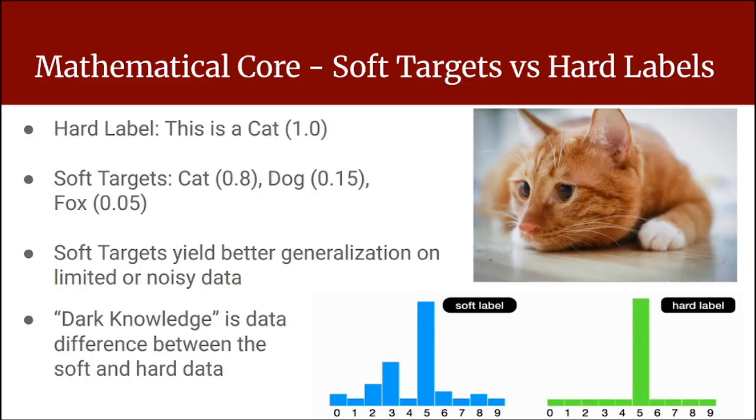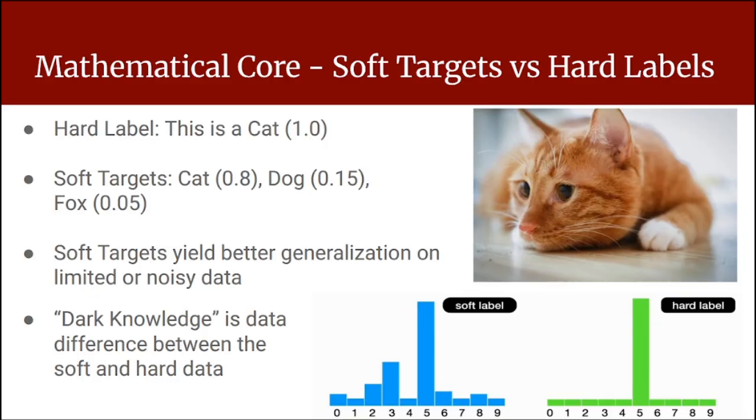And this structure is kind of revealing the semantic structure that the teacher learned instead of just the result. And by providing this to the student model, it can learn not just what's correct, but how those classes relate to each other, which can lead to better generalization on limited data. And this is especially important in real-world environments where labeling can be imperfect.